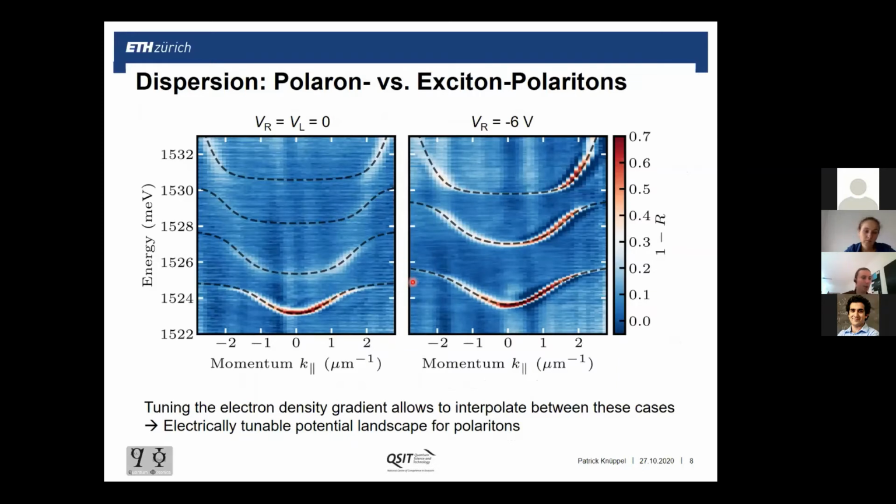And one rough way to understand what will happen now is that the polaritons can lower their energy by seeking high electron density regions, because this polariton has a lower energy here than over on this side. So now we can spatially engineer those dispersions and use this to steer polaritons.